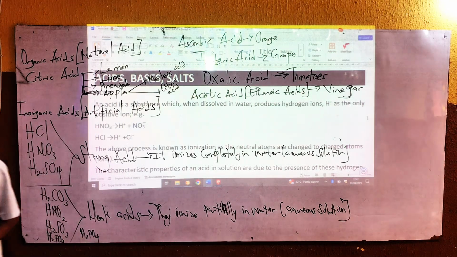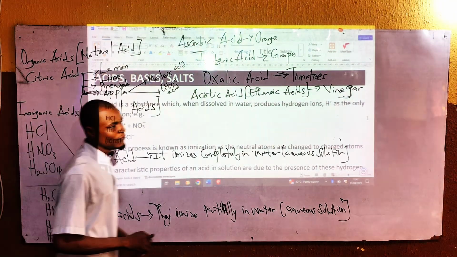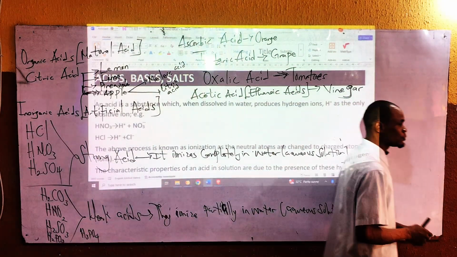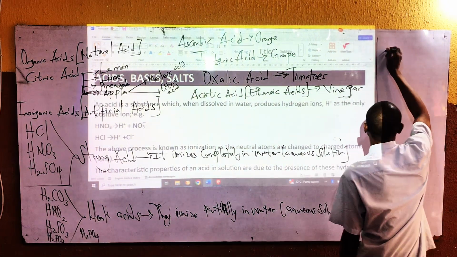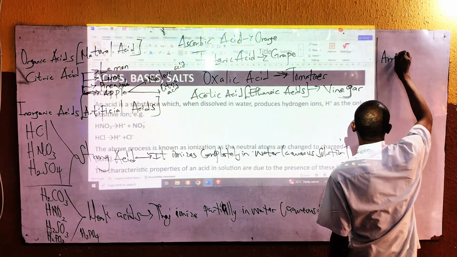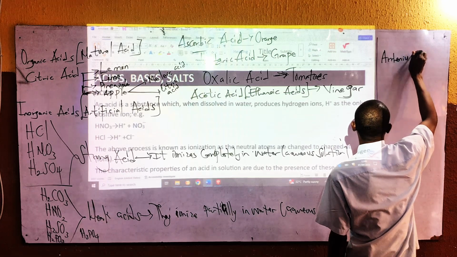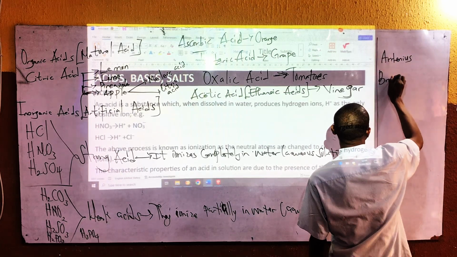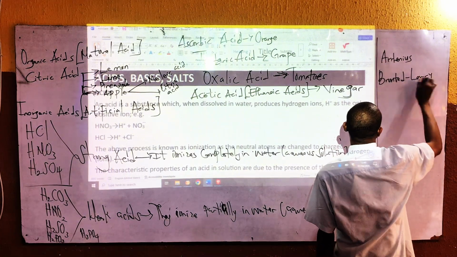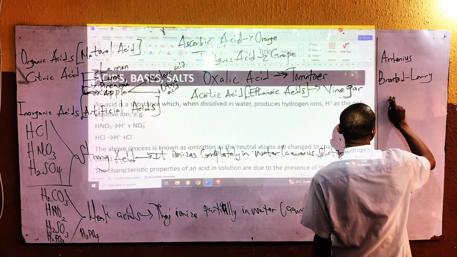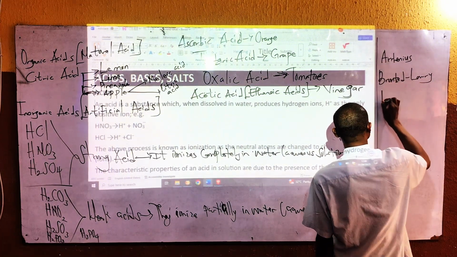An acid is defined in three ways. Acid is defined by Arrhenius, by two friends, Bronsted and Lowry, and by Lewis.